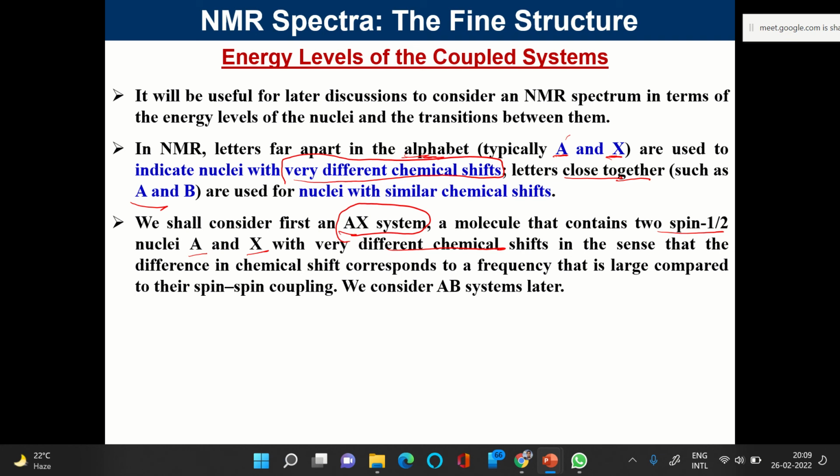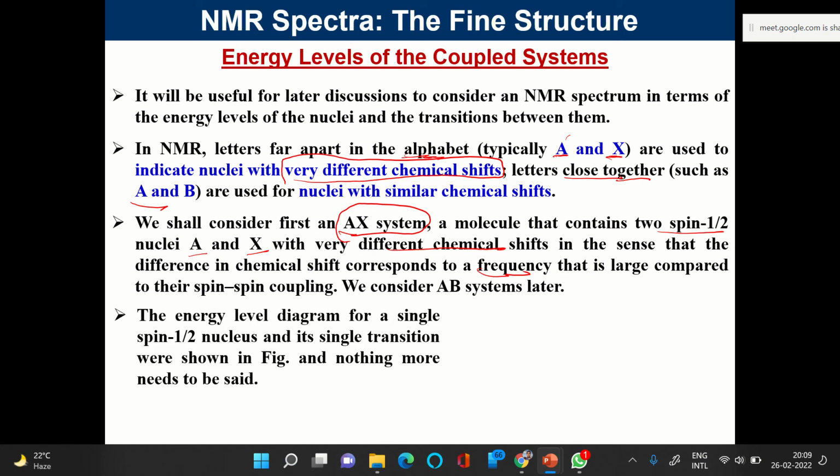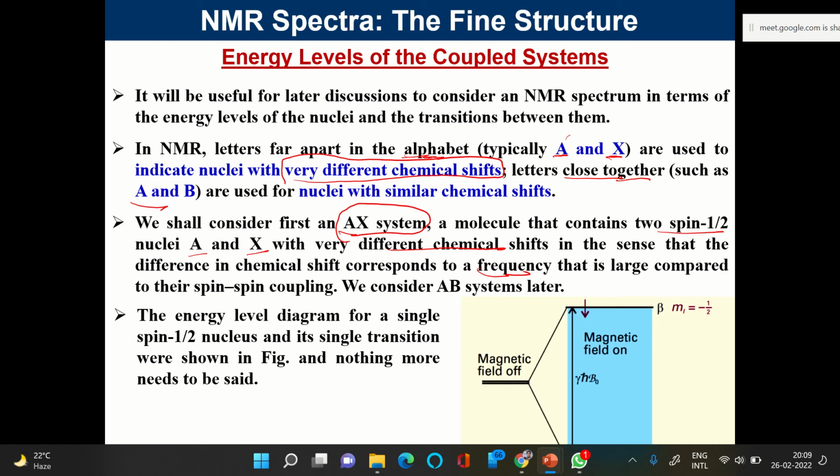Because their chemical shift values are very different, their frequencies are also very different. So we first consider this system. We already know how the splitting occurs for a single spinning nucleus.